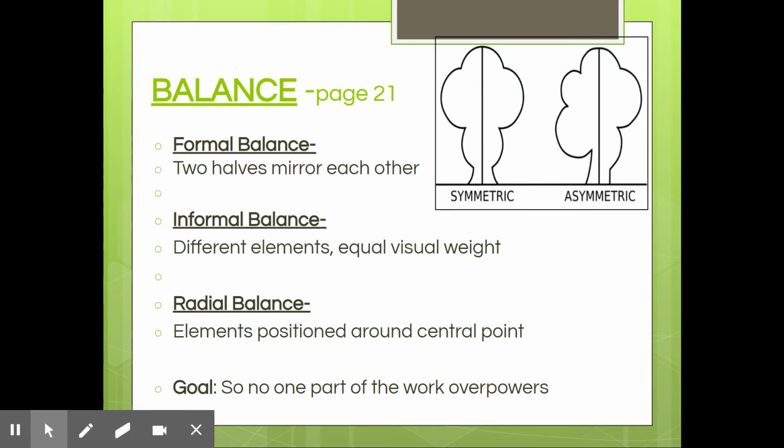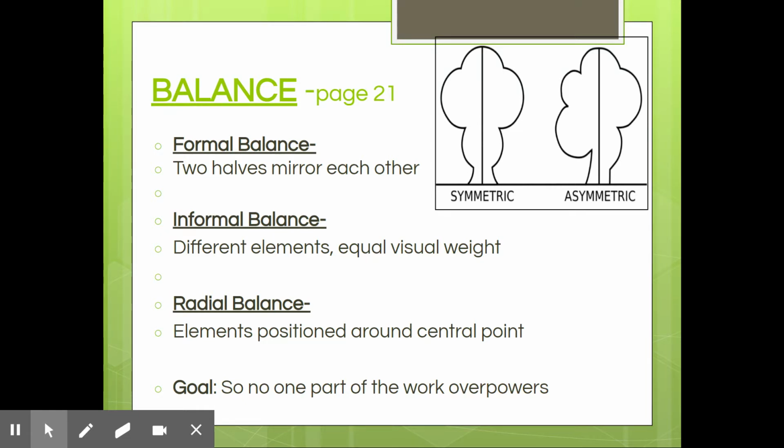Informal balance is also known as asymmetry or asymmetrical. With informal balance, the visual weight of the image might be equal, but it is not identical. It is not a mirror of itself. If you look at the little diagram in the corner of the screen here, you'll see an example of asymmetrical or informal balance.